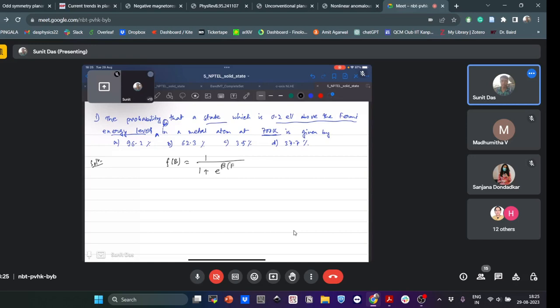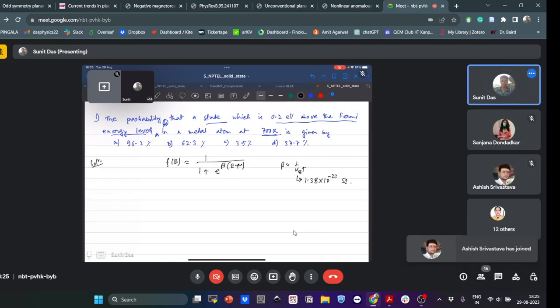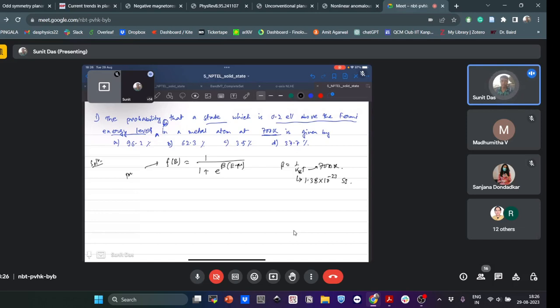Beta is 1 by kBT. kB is 1.38 into 10 to the power minus 23 in SI units, and T is of course given as 700 K. So we need to find the probability, and this also actually gives the probability of having an electron at an energy E. So try to find out and then I'll solve.